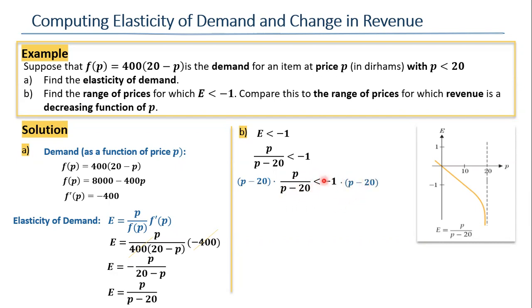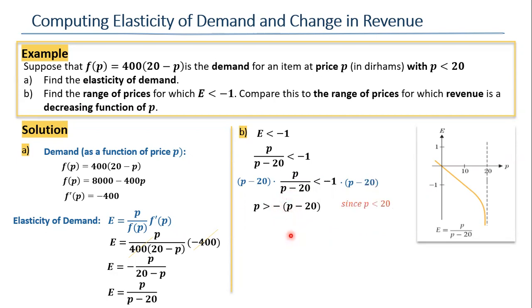But in the inequality, p minus 20 has to be negative because p is less than 20, so a value less than 20 minus 20 gives a negative result. When we multiply both sides of the inequality by a negative, we must flip the inequality sign. So we'll get p greater than negative 1 times p minus 20.